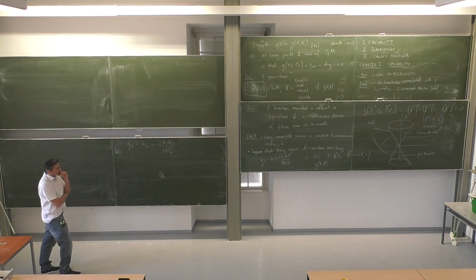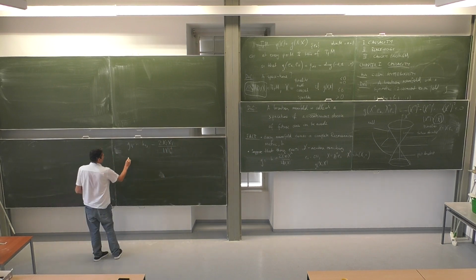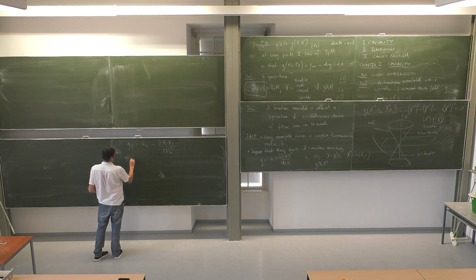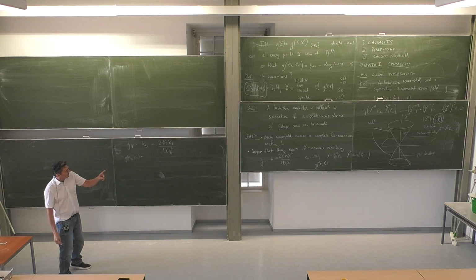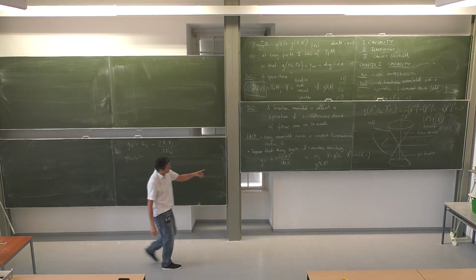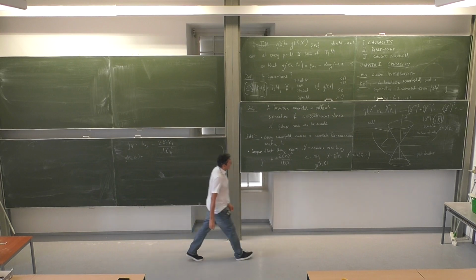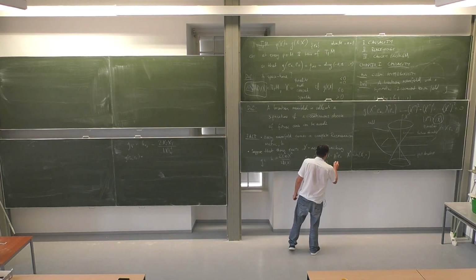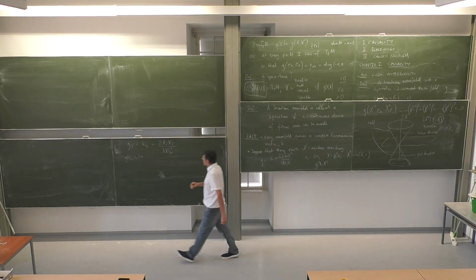So if I calculate G of E0, well, actually X is proportional to E0 and X0 is not zero. So E0 is X divided by X0.